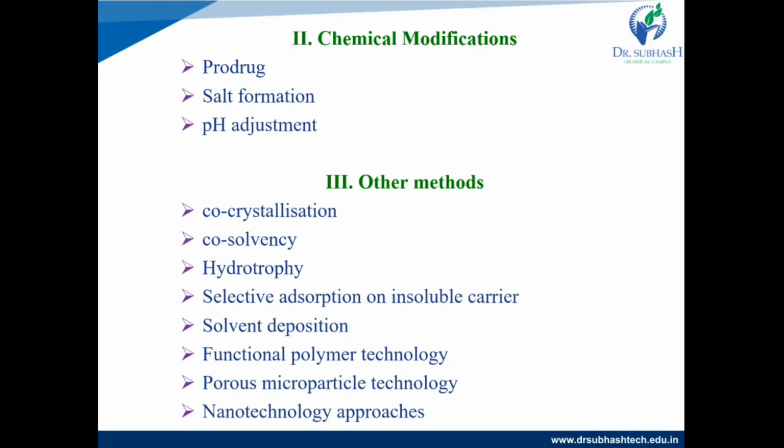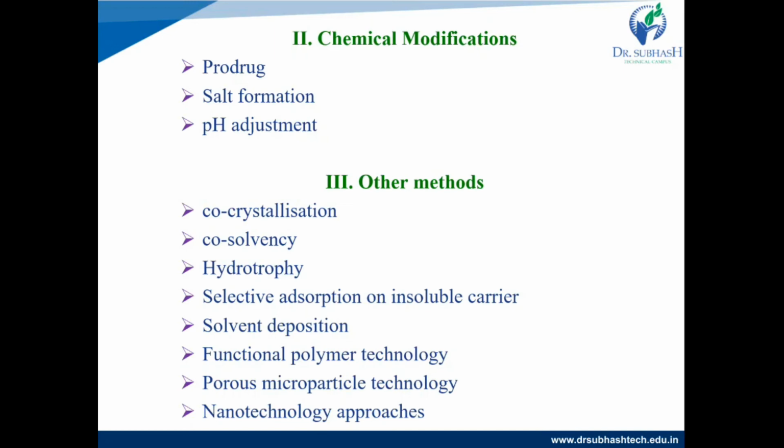Next one, that is porous microparticle technology. That is also a method used for the improvement of poorly water soluble drugs. In this, the poorly water soluble drug is embedded in microparticles which have a porous structure, so that improves the solubility. Next, the last one in that part, the nanotechnology approach.